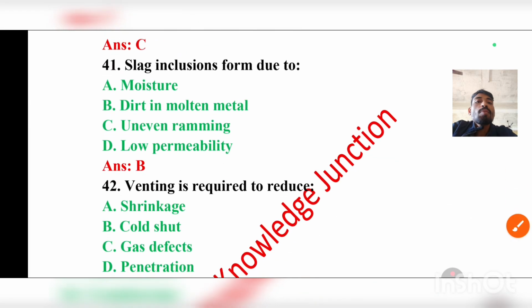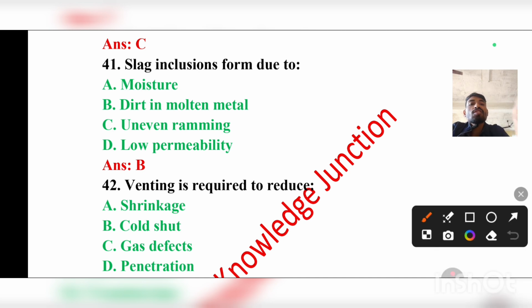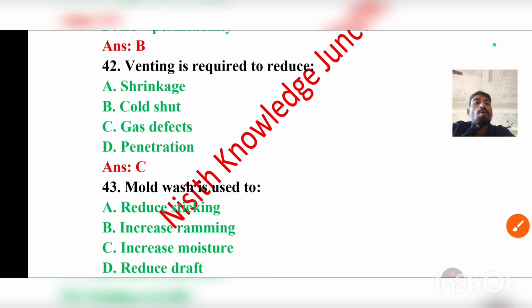Coming to the question number 41, he is asking slag inclusions form due to moisture, dirt in the molten metal, uneven ramming or low permeability. The option B is the right answer, that is your dirt in the molten metal. Question number 42 is venting is required to reduce shrinkage, cold shut, gas defects or penetration.